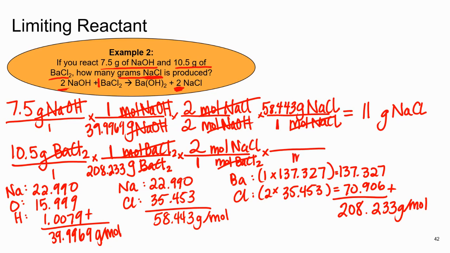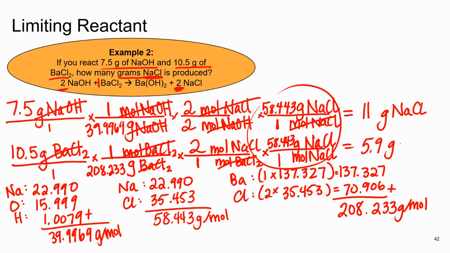The last step is to bring down moles of sodium chloride and get to grams of sodium chloride. And that was the same as our last step above. Same molar mass. So this final step looks the same when we want to get to grams of sodium chloride. So we'll multiply that out and get 5.9 grams of sodium chloride.